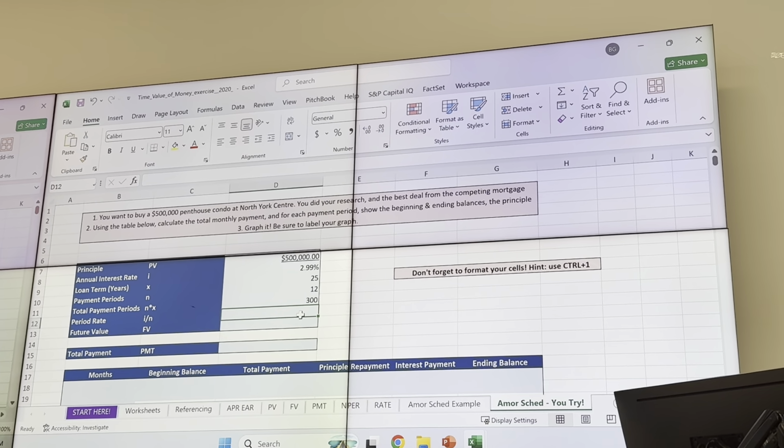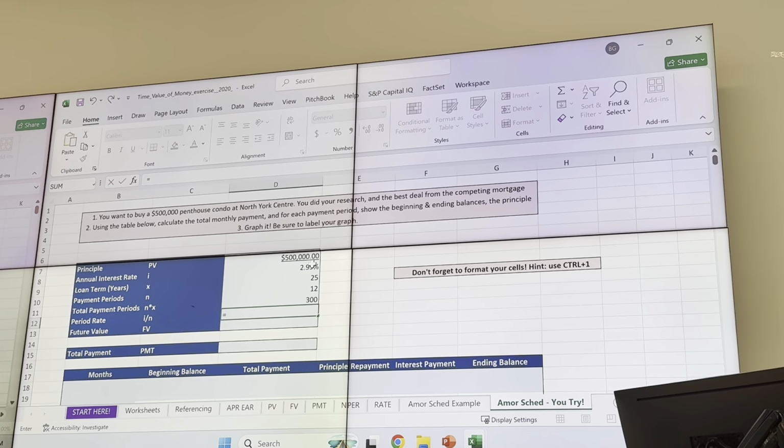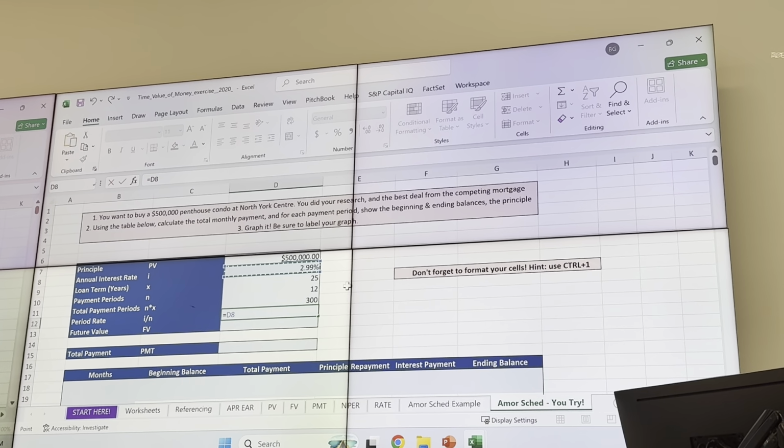The period rate is monthly. This is your annual rate, 2.99%, and you're paying every month. Press enter. This is your monthly interest rate.